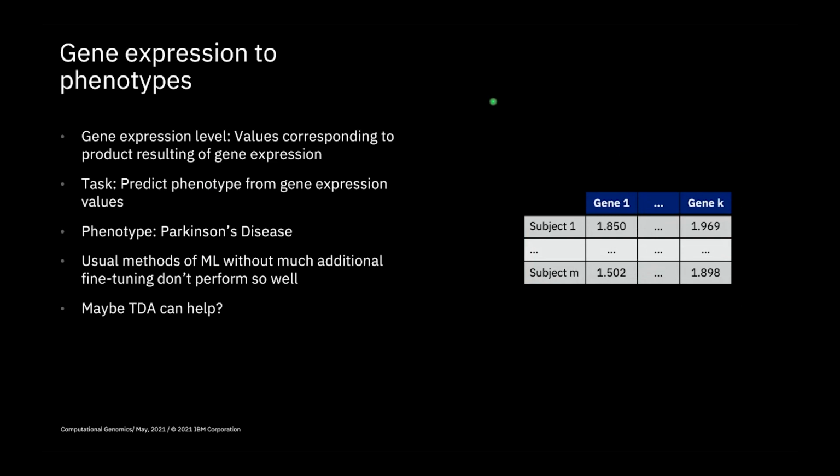Okay, so we get these numbers in this matrix as input, and we want to see what happens with a phenotype depending on these values. And the phenotype we worked with in this paper was Parkinson's disease.